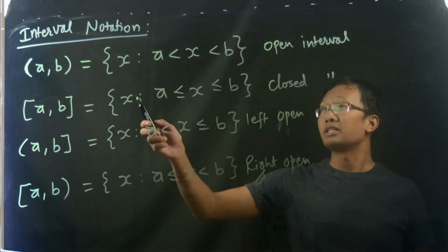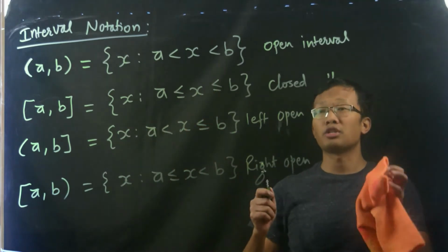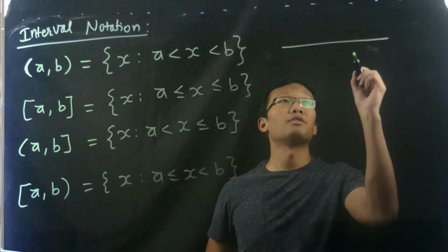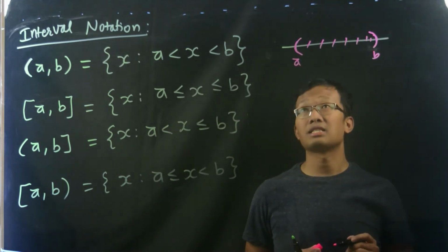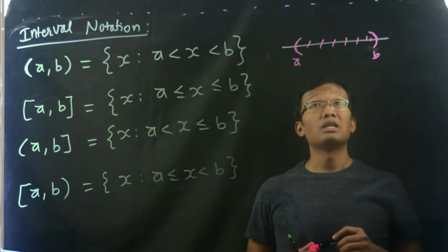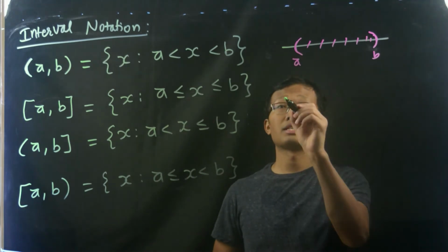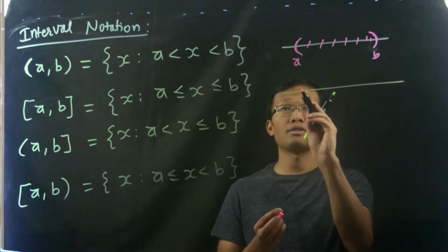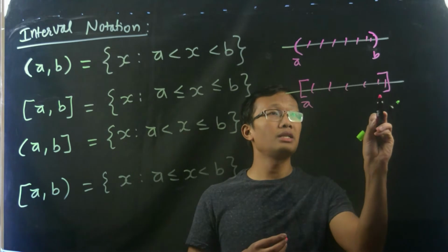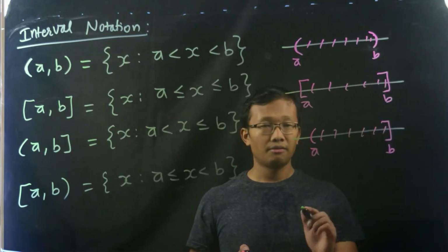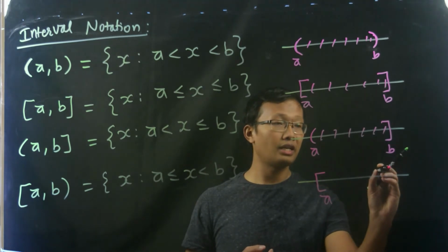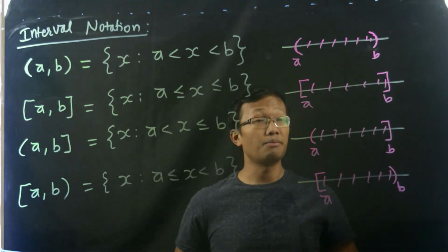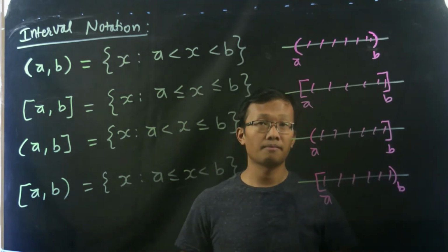Let us draw tentative pictures of these four sets on the real line. For the open interval, we will have a to b, so that's the open interval. The second one, the closed interval, will have this kind of situation, a, b, everything is included. Finally, the last set is left side closed and right side open. So these are the tentative pictures of interval notation.